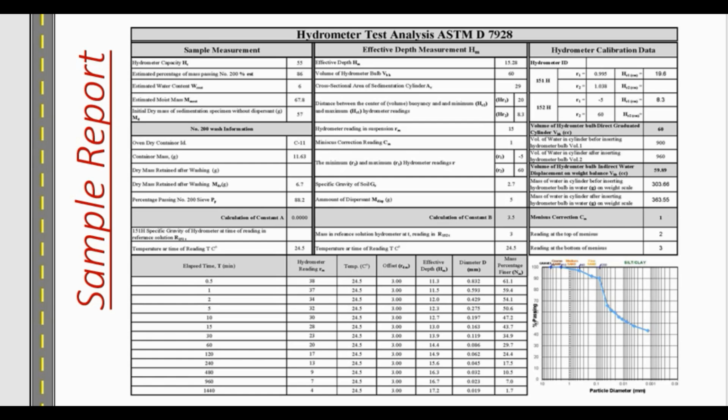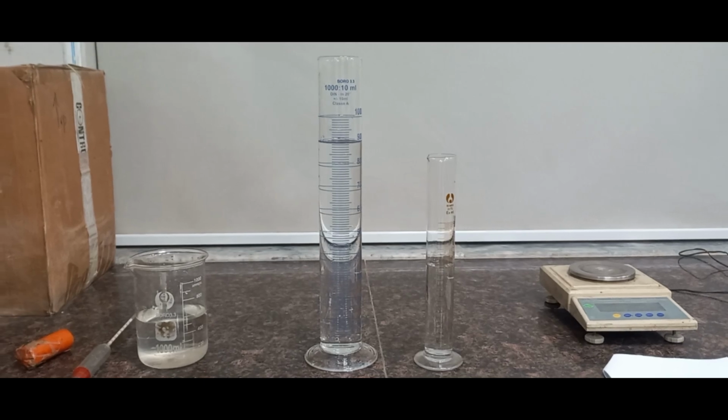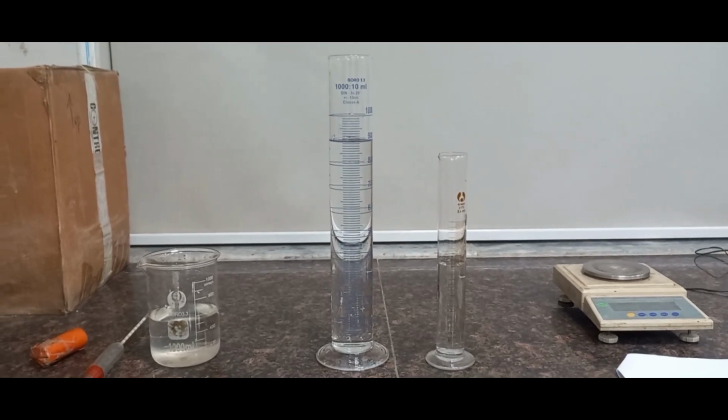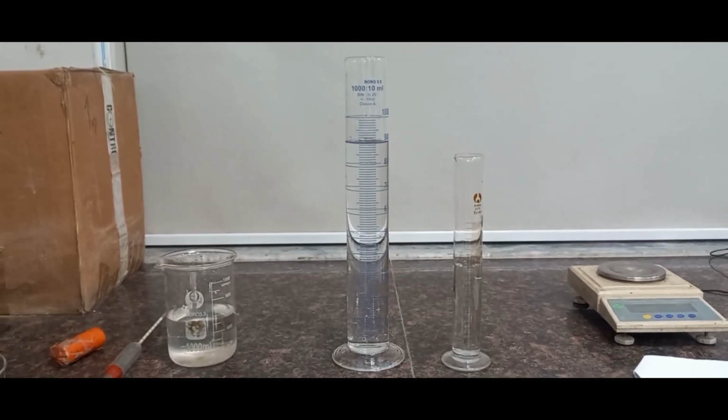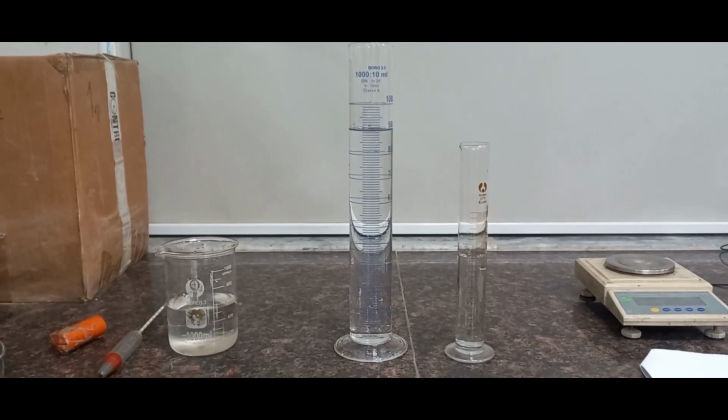Now we will go for the practical performance of the hydrometer test. Today first we measure the volume of the hydrometer, Vh. There are two methods for determining the volume of the hydrometer.